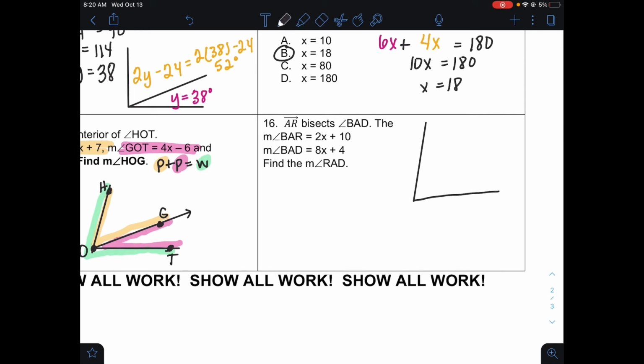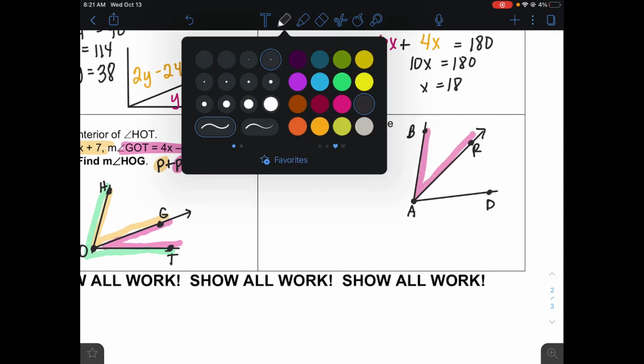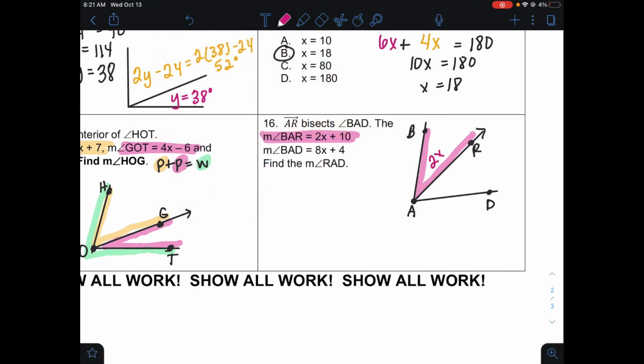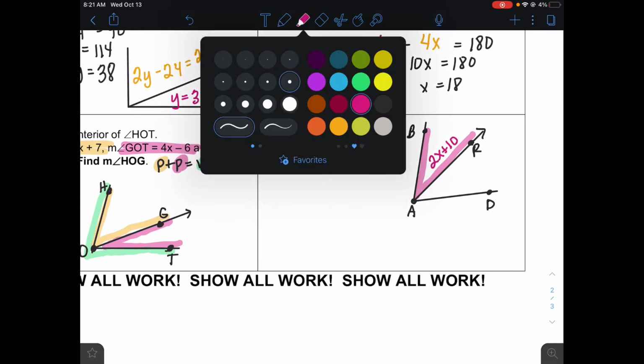So we have angle BAD over here. Okay, and then since it says bisects, I tried to put it as close to the middle as I could. Okay, so BAR is 2x plus 10.